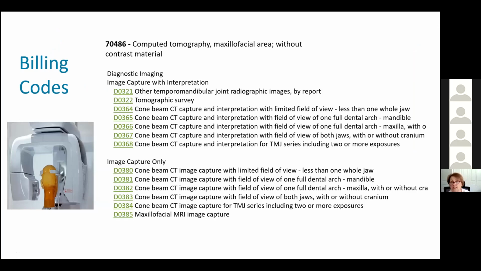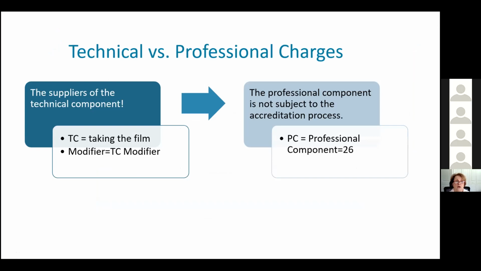So dental made it two separate codes and medical made it one code and conformed it with the ability to say, I'm going to bill as the supplier of the technical component, and the radiologist is going to do the professional component.